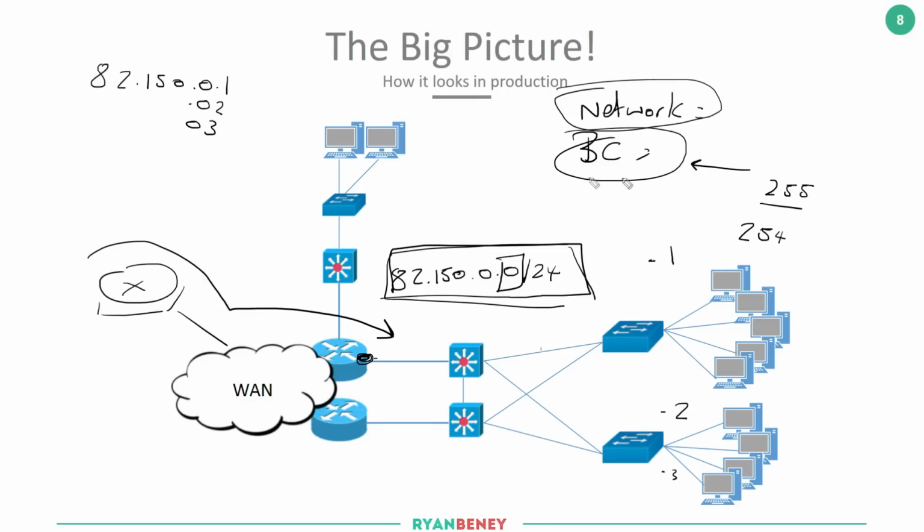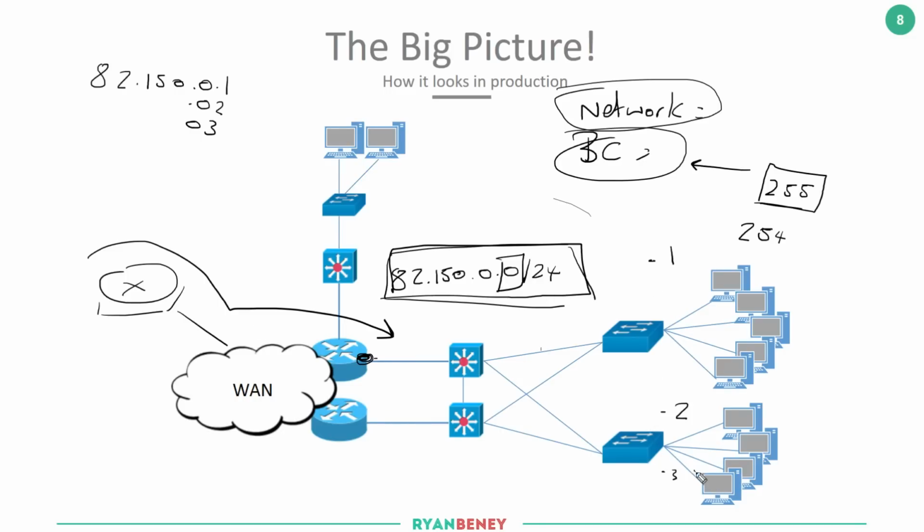As for the broadcast address, which is the last address in the range, in this case 255, that means that if you were to communicate with 82.150.0.255, it will go out to all hosts inside that network.